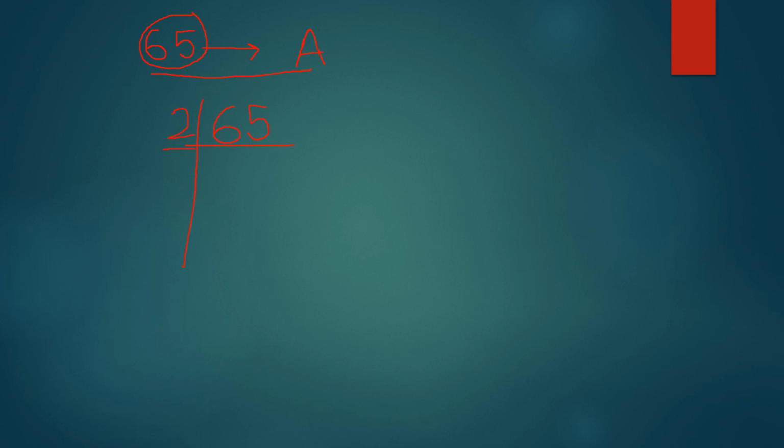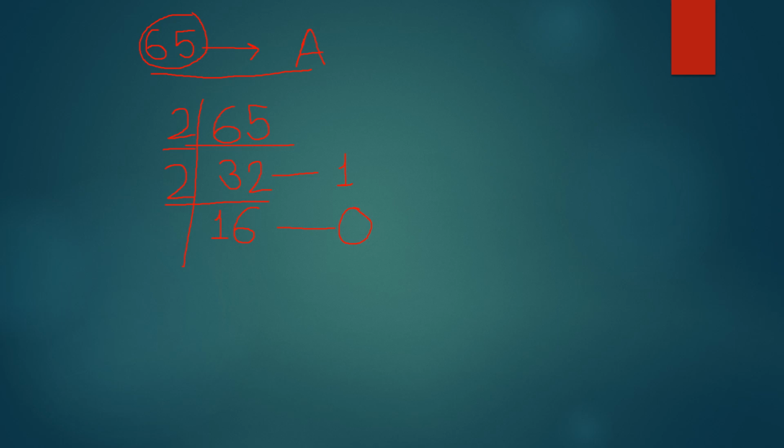The result will be 32, since 2 3s are 6, and here 1 will be left out as remainder, which will be written over here like this. Then we are again going to divide it by 2. So it will come like 2 1s are 2, 1 will be left out, will be added to this, and it would be 16, and here the remainder would be 0.